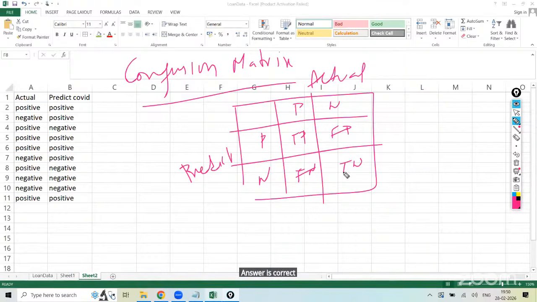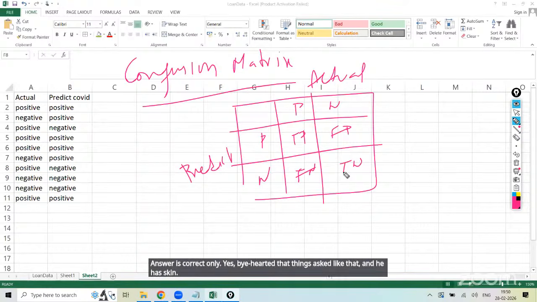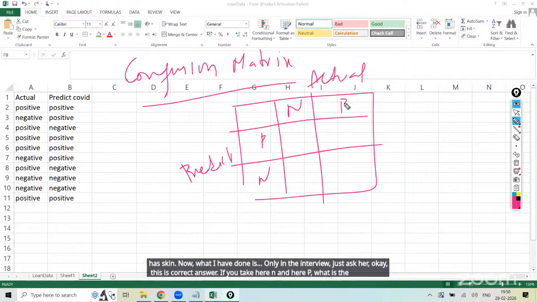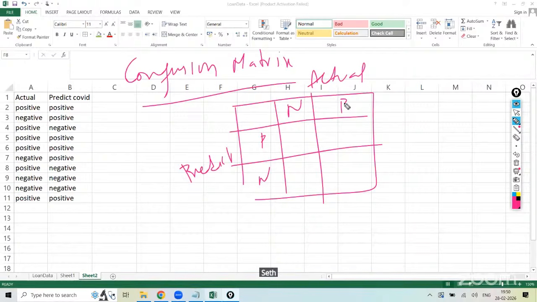He has memorized things as they are. Now in the interview I asked him, this is the correct answer, but if you take N here and P here, what is the answer? Sir, sorry. He knows the 4 values in this order only: TP, FP, TN, FN. He knows only that one. If you change it, sir.